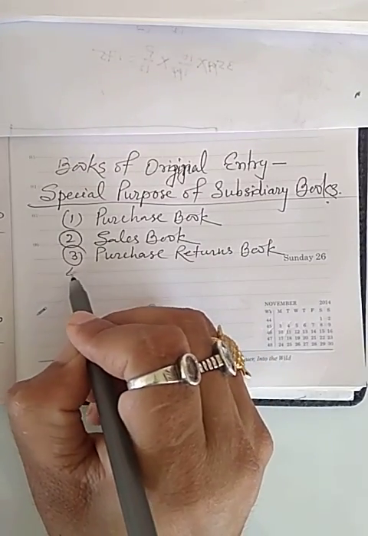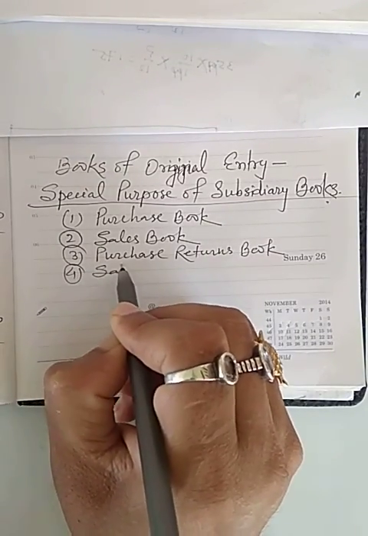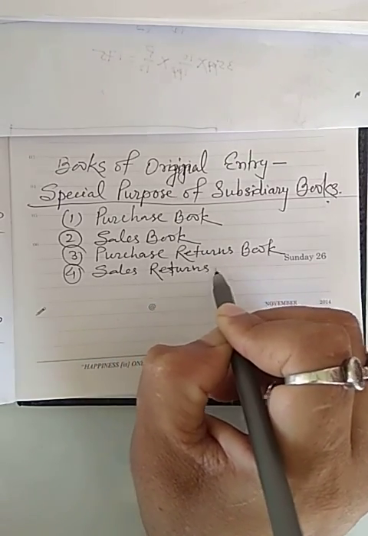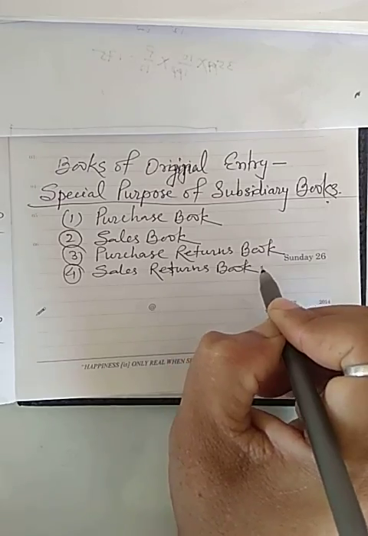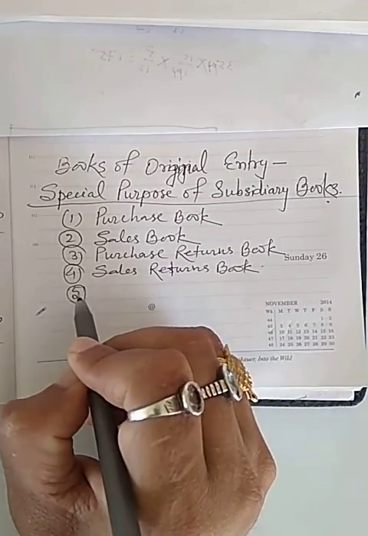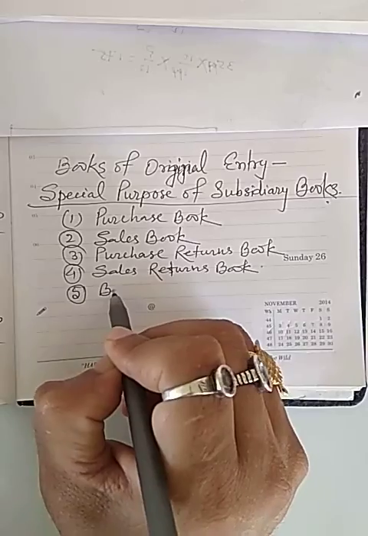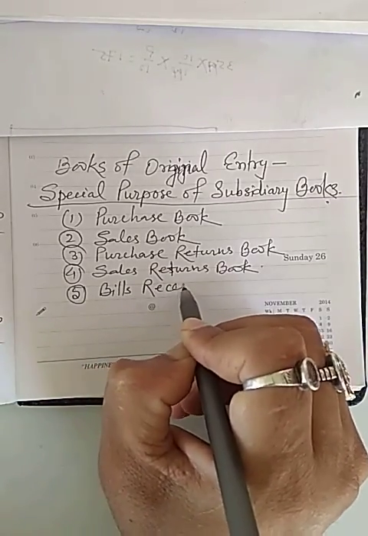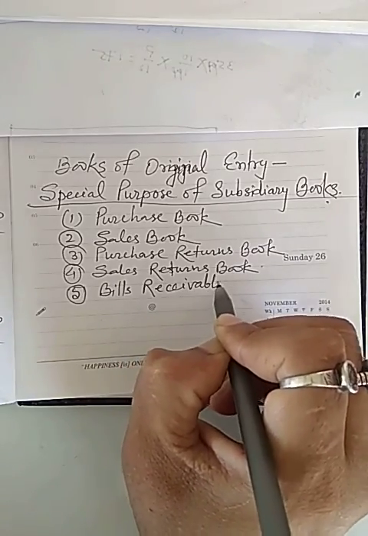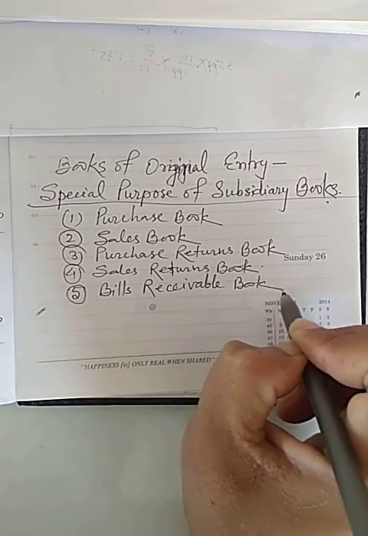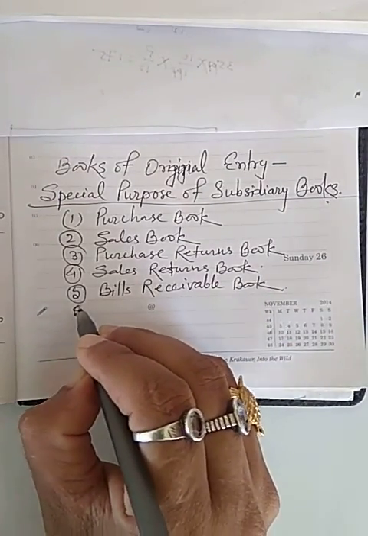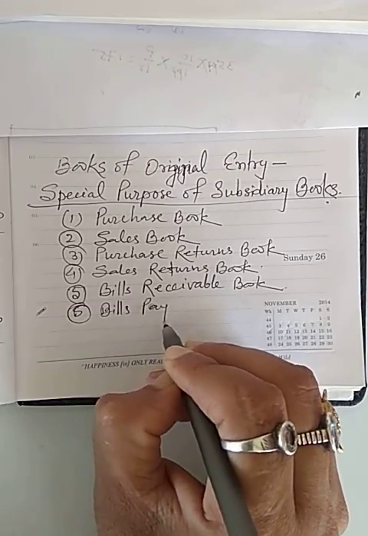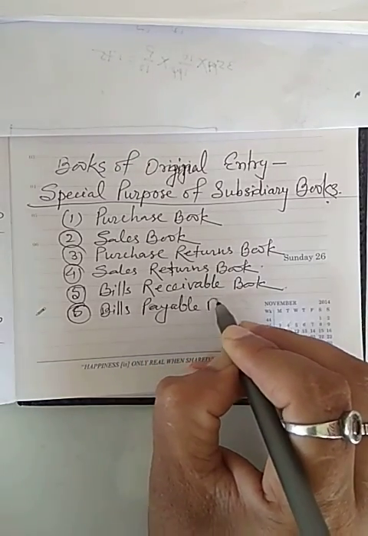Fourth is sales return book. Fifth is bills receivable book. Sixth is bills payable book.